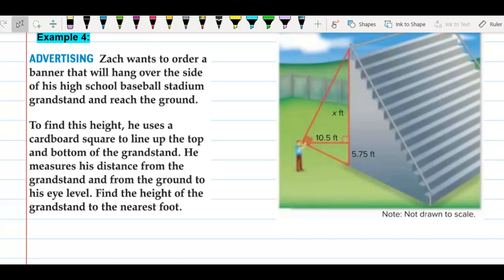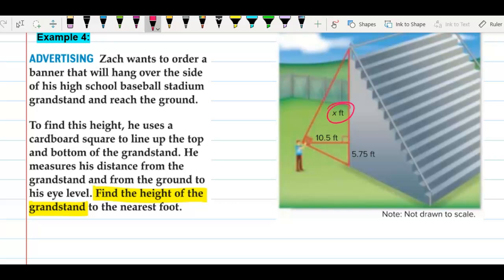Okay, so last question. Zach is going to order a banner that's going to hang on the side of this stadium. He's using cardboard and kind of using his eye. We want to find the height of the grandstand, okay?